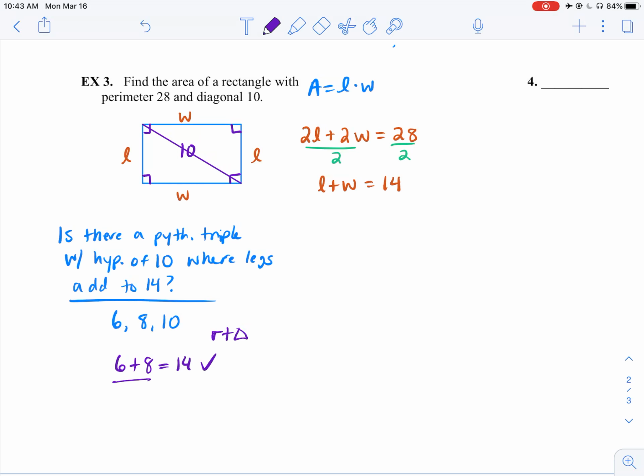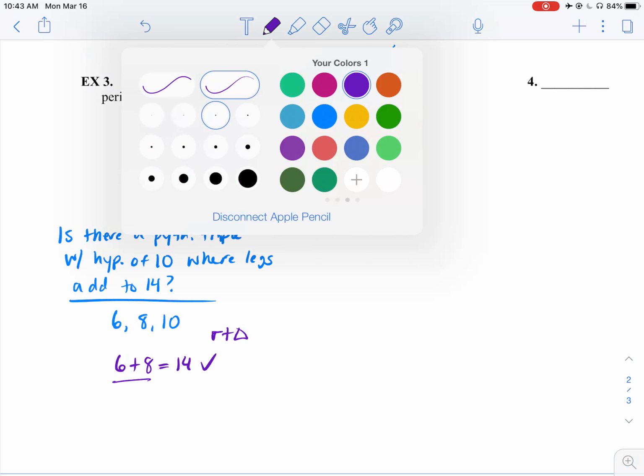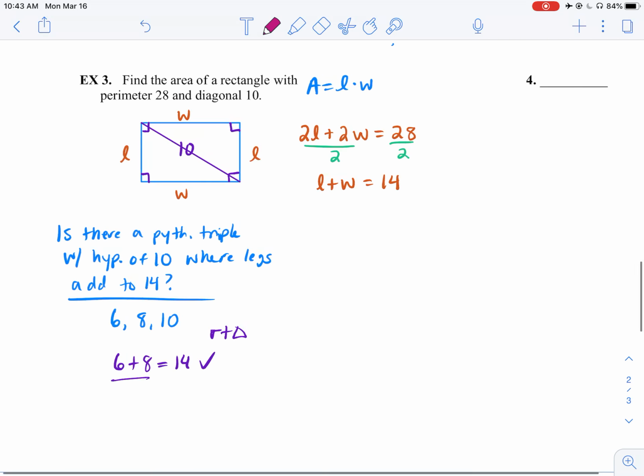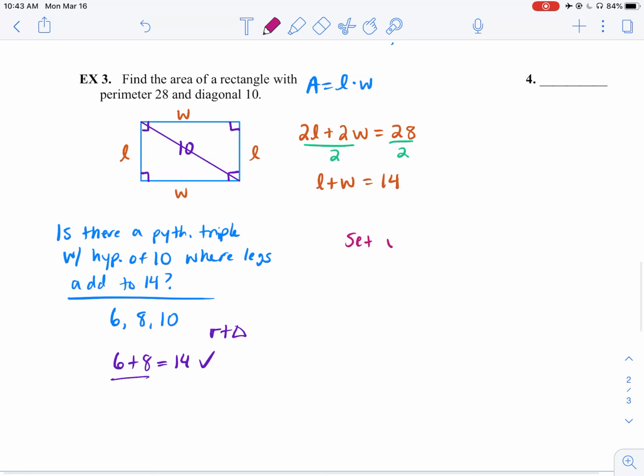Let's say you didn't notice that. Let's say you didn't think about it, or you want to be absolutely sure that your guess was correct. We can always, with two variables, see if we can set up another equation. Here's what I notice. I've already used length and width in the perimeter formula, but I also have the Pythagorean theorem.